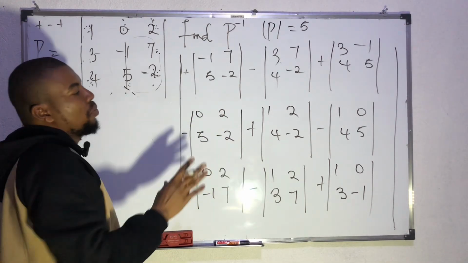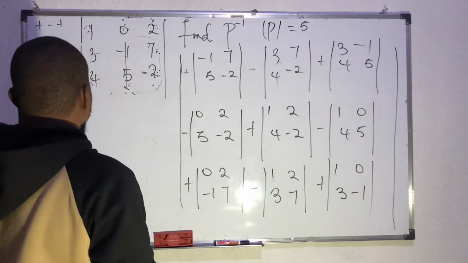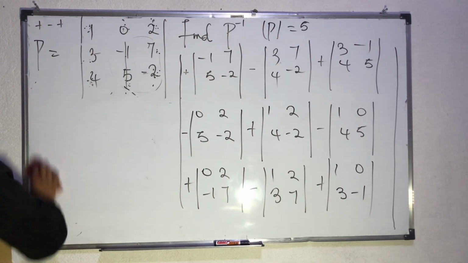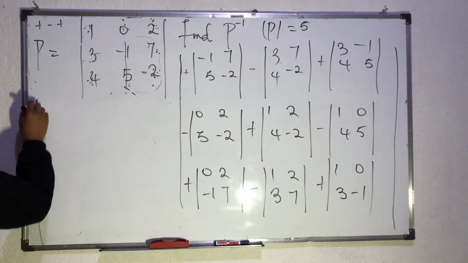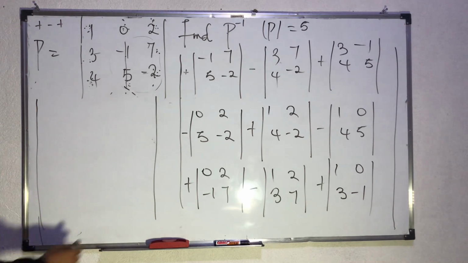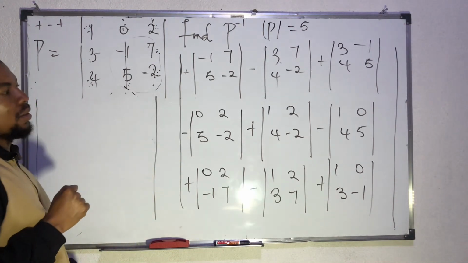These are 2 by 2 matrices, and they're going to be quite simple to find their determinants. I'm going to put them here. Remember, I told us that we are going to find the transpose from the cofactors.